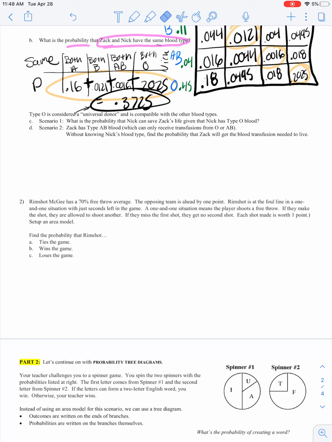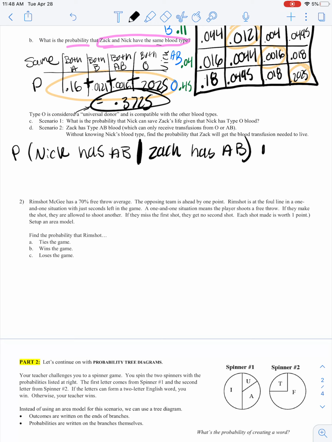Let's think of this scenario. So, we want to find the probability that Nick has AB, given that Zach has AB, plus the probability that Nick has O, given that Zach has AB.